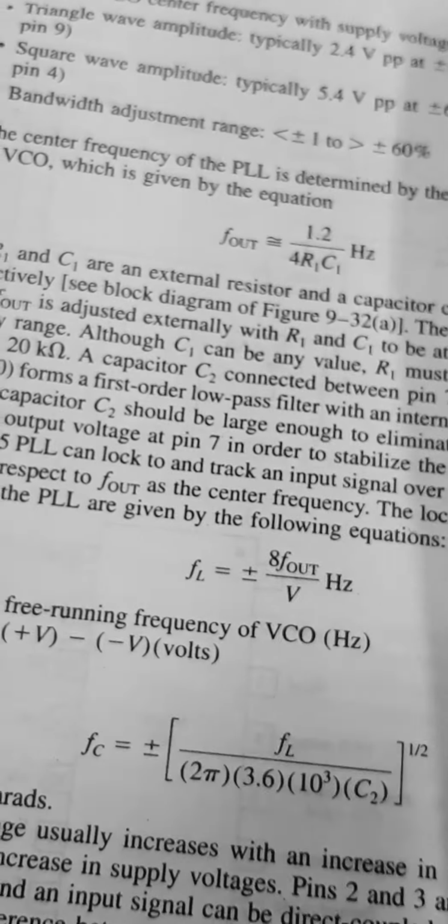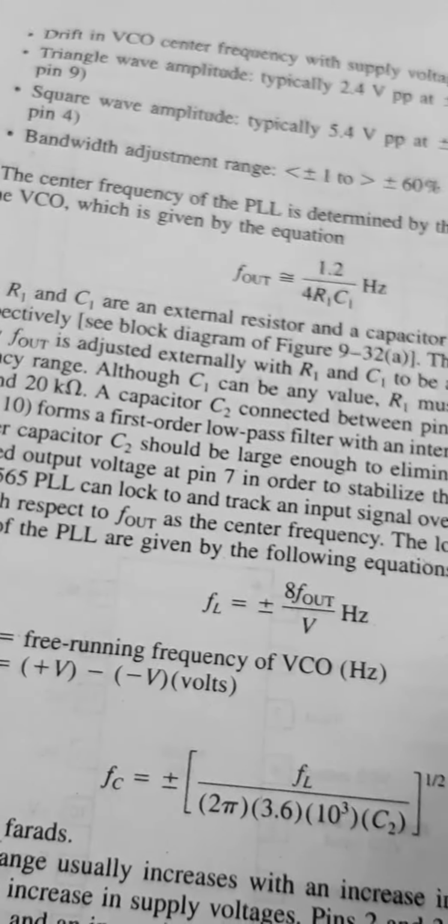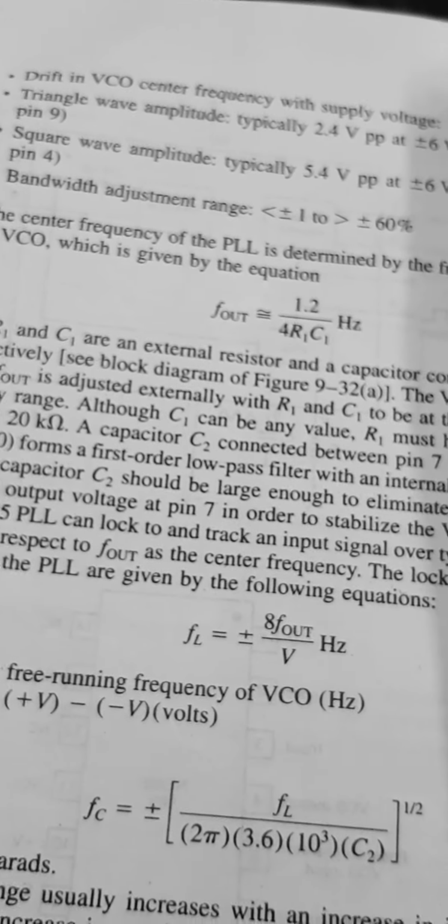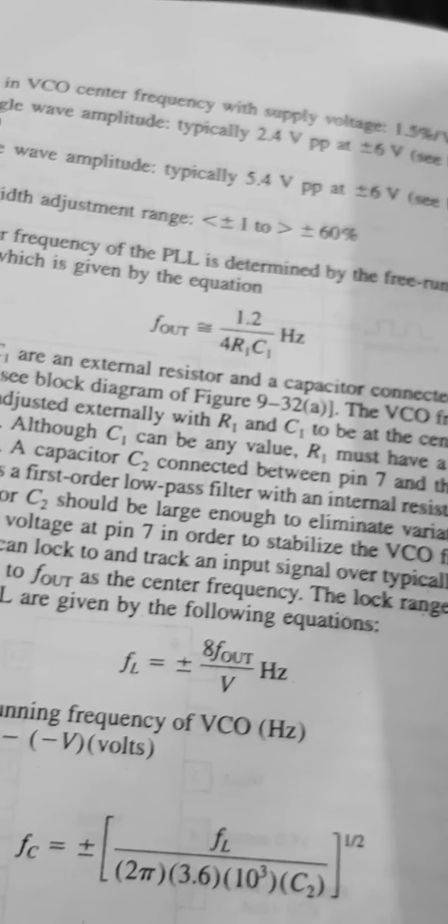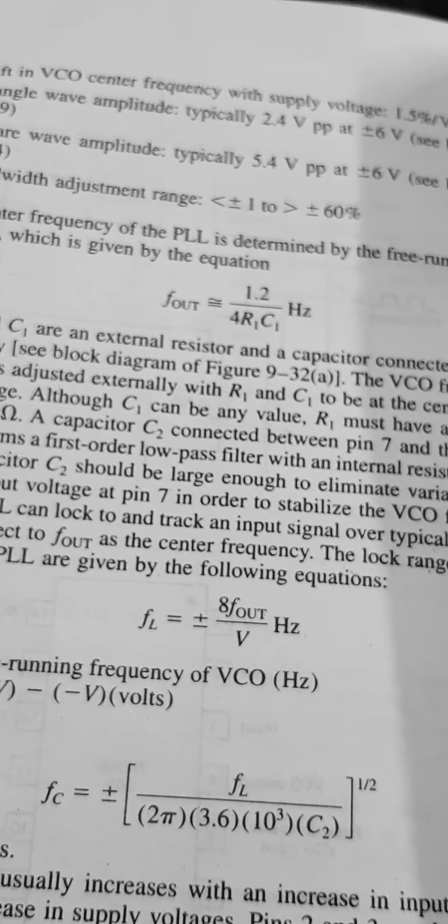Now the VCO free running frequency F out is adjusted externally with R1 and C1 to be at the center of the input frequency range.